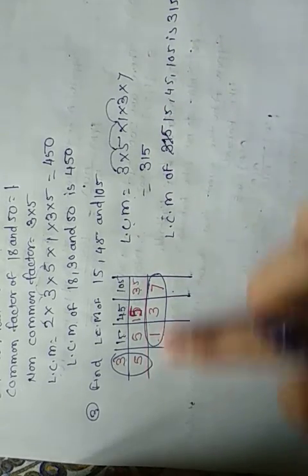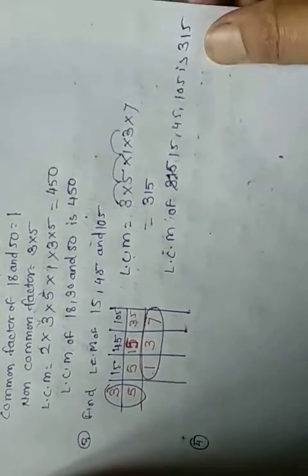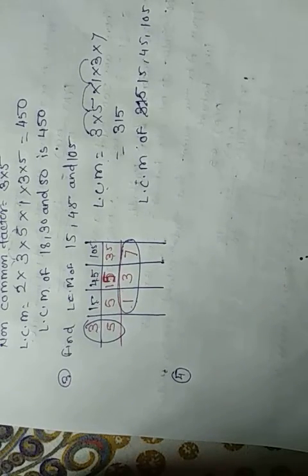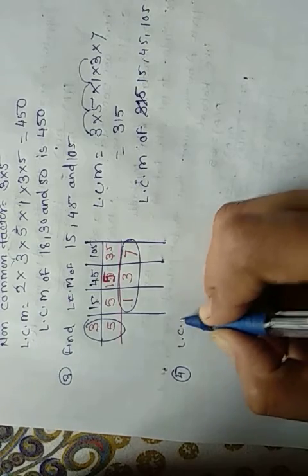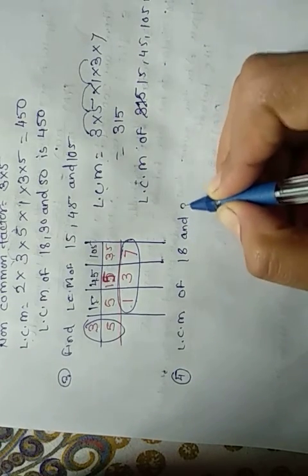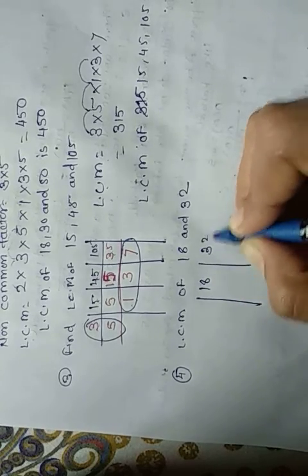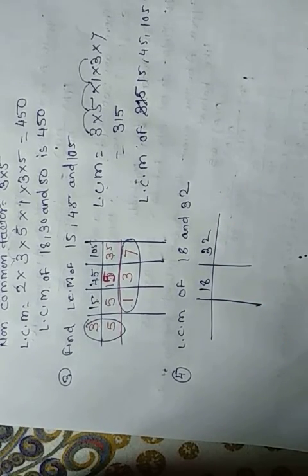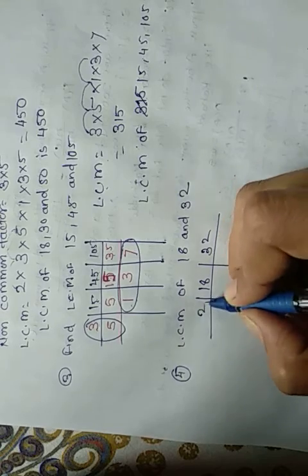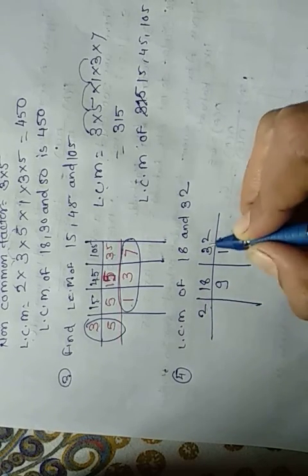Maybe this is an easy method. Let's see one more example using the vertical method. LCM of 18 and 32. These two numbers are divisible by the common number 2. 2 nines are 18 and 2 sixteens are 32.